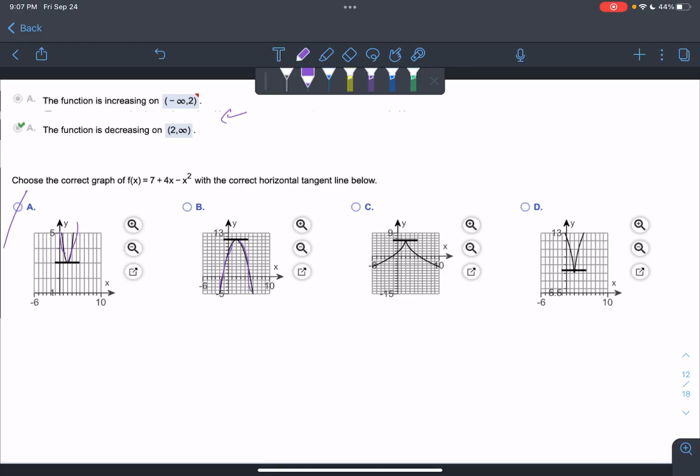So maybe B. Same for C, it has that kind of pattern. And then D is decreasing, but then increasing, so no. Okay, and then between B and C, this one has more of a parabolic shape. So that's why B is going to be the answer. I suppose you could even plug in points to determine which one's correct, but you can just do that by the shape.